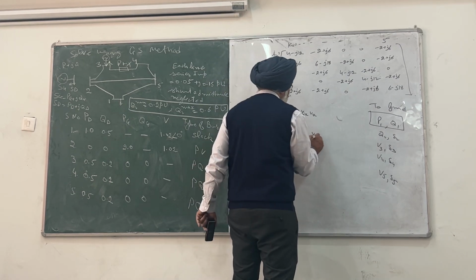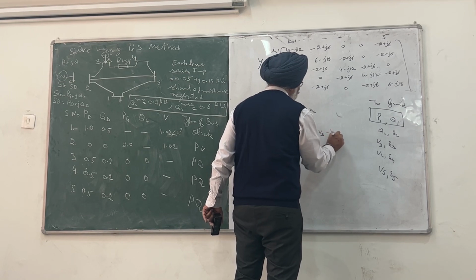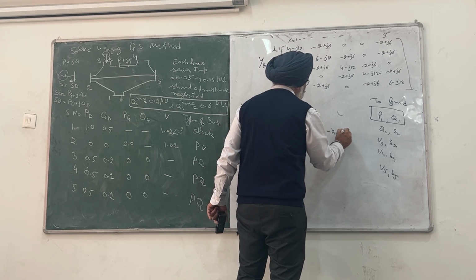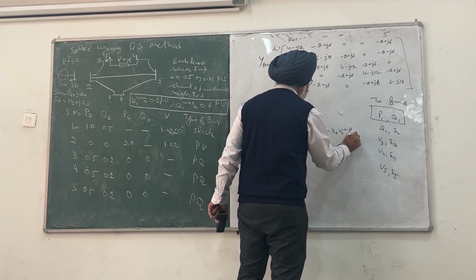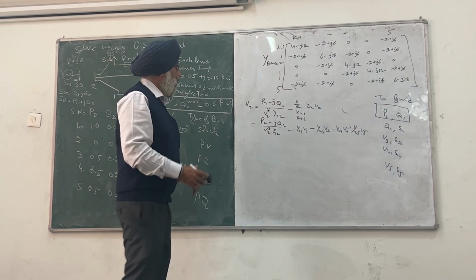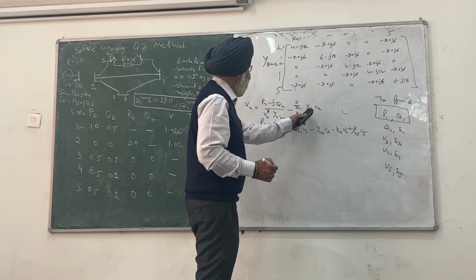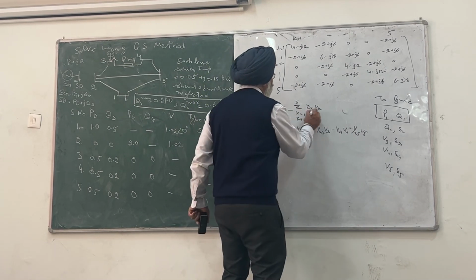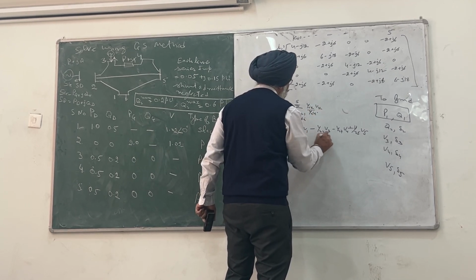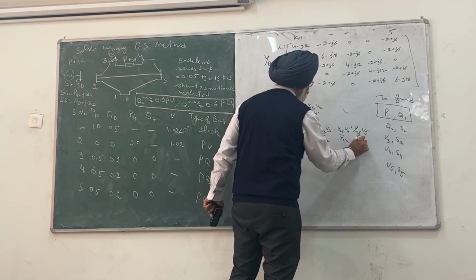Then Y23 V3, Y24 V4 and minus of Y25 V5. So we can write this as, here also we have the Y_ii divided by Y22.